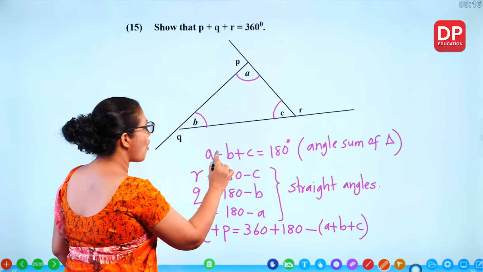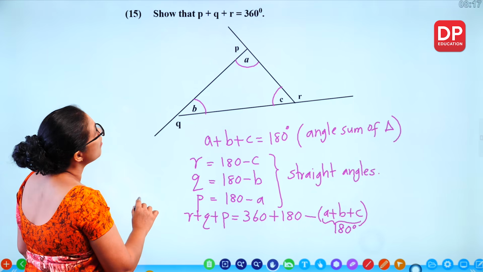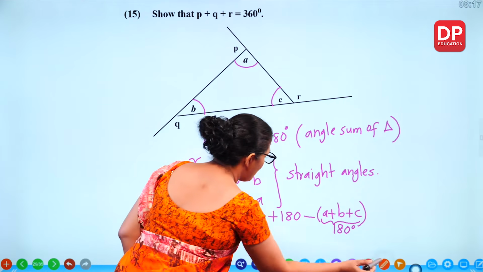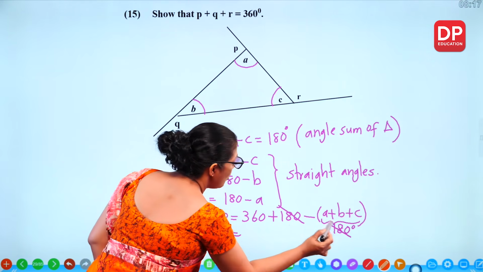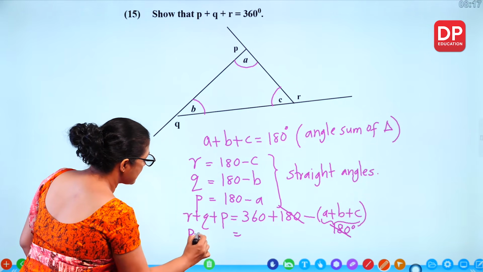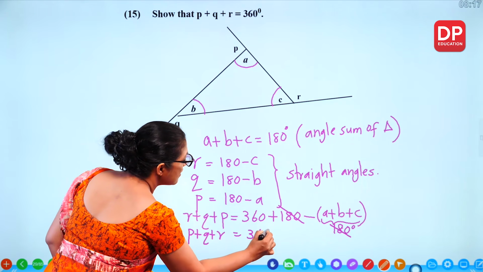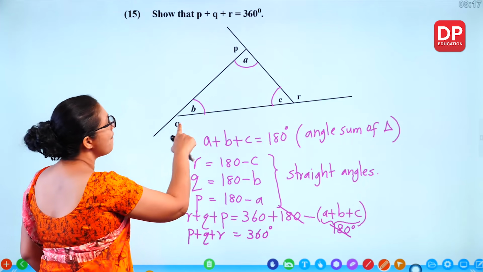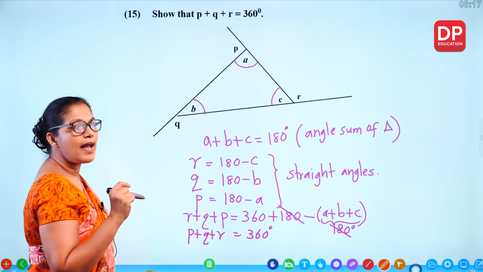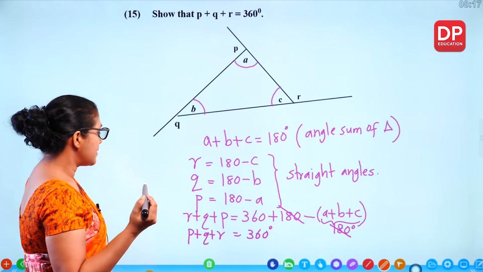But we know from this equation this is equal to 180 degrees. Now what happens? You can subtract these two and you get P plus Q plus R is 360 degrees. So that's actually the sum of exterior angles. We know that that's 360 degrees.